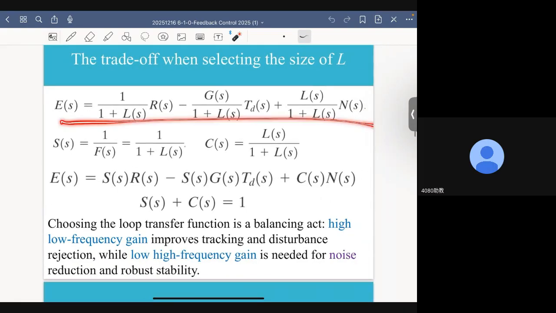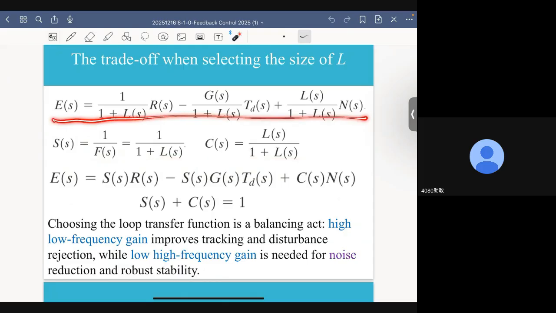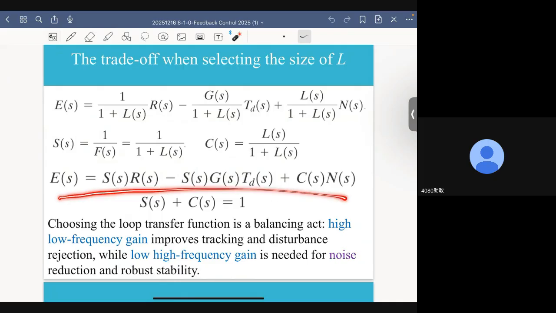All right, why is that the case? Let me rewrite this transfer function, this representation. Okay, here I will introduce two additional functions. One is S, the other is C. S is defined as 1 over 1 plus L, whereas C is defined as L divided by 1 plus L. By introducing these two new functions, this equation can be rewritten as this, right?